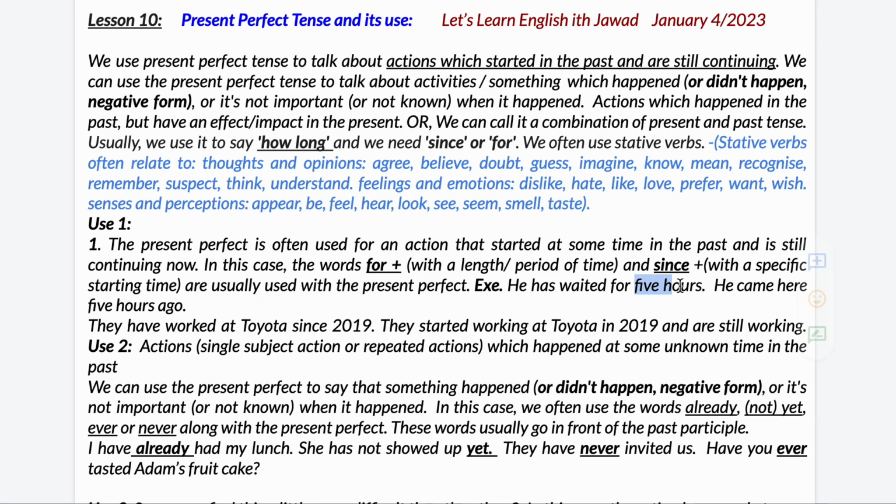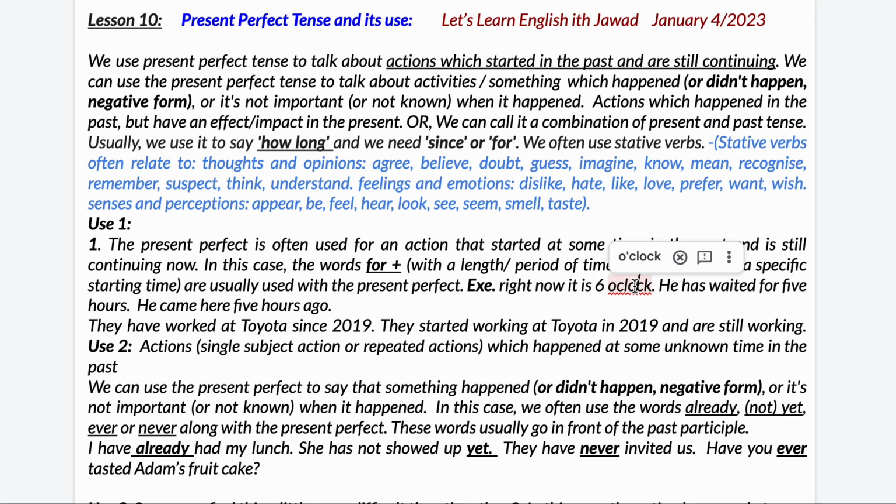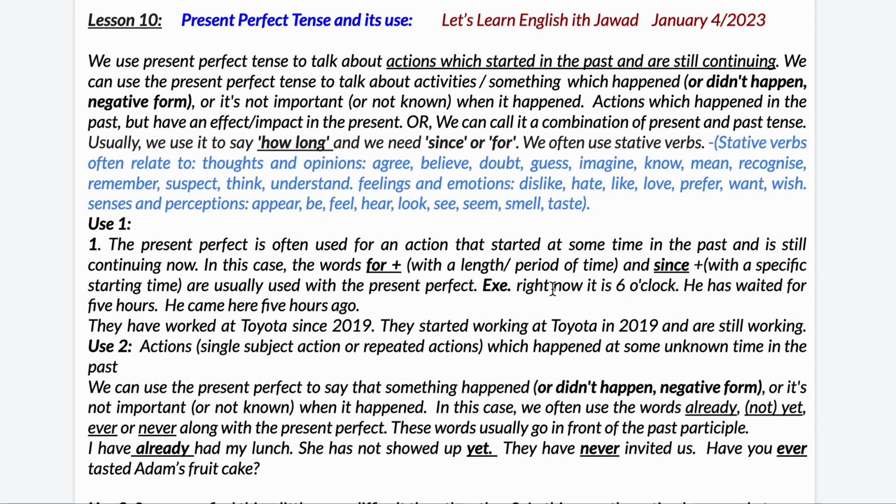Now, for, we use for he has waited for 5 hours. Let's say, for example, right now it's 6 o'clock. He has waited for 5 hours.